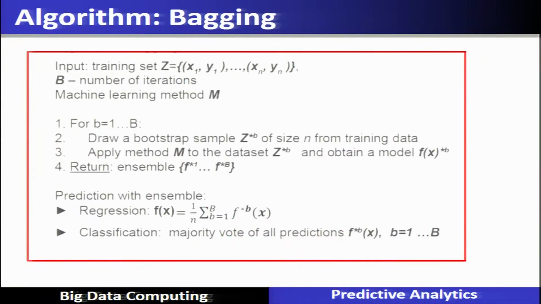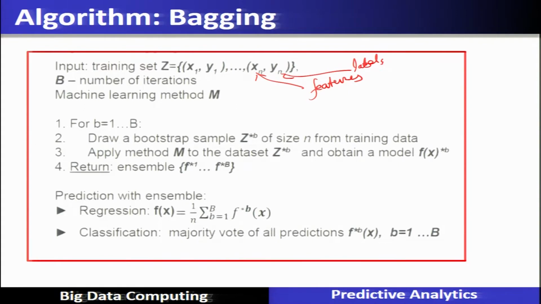Let us understand the bagging algorithm in more detail. The input to the bagging algorithm is a training set, that is Z, which comprises (x1, y1) and so on, where x is the features in the data set and y is basically the labels which are given as per the target.